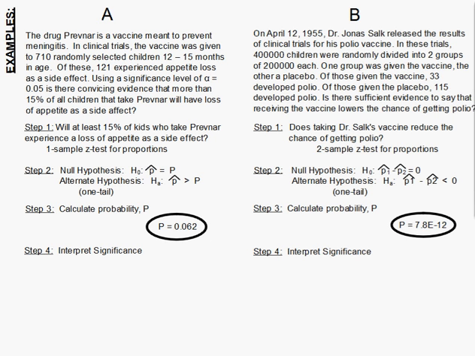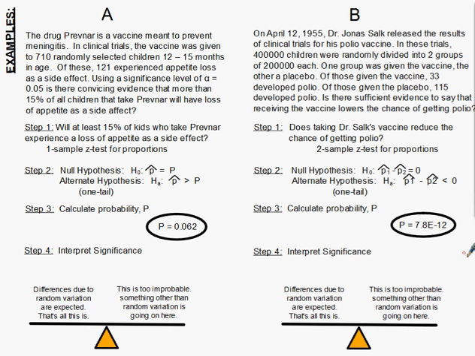This goes right back to one of the very first videos in which we talked about the very concept of what a test of significance means. And it's this balance. Remember the coin game. On one side we have differences due to random variation are expected, and that's all this is, right?